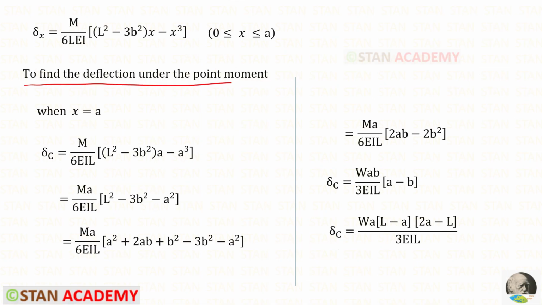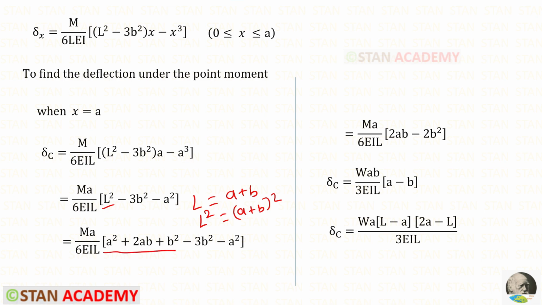To find the deflection under the point moment. In this one, instead of x, we have to apply a. From both of these two, we can take a outside. We know that L is a plus b. So L square will be a plus b the whole square. That will be a square plus 2ab plus b square. We can eliminate a square. b square minus 3b square.